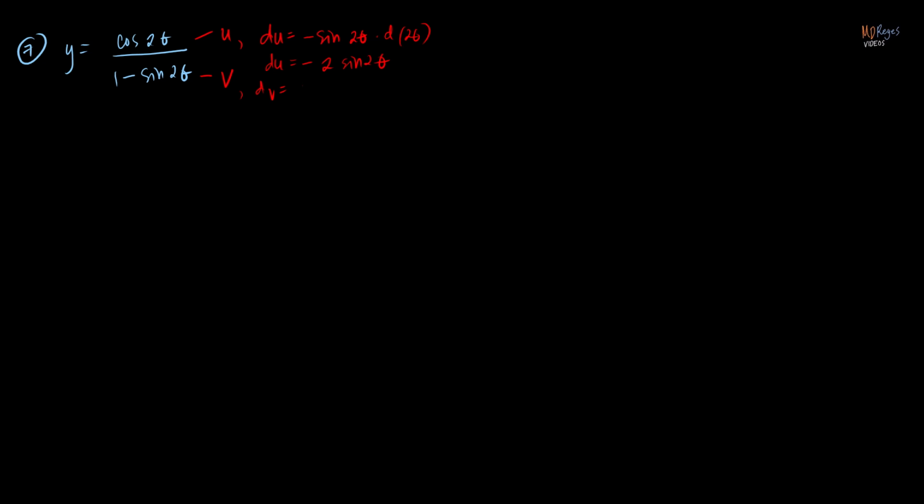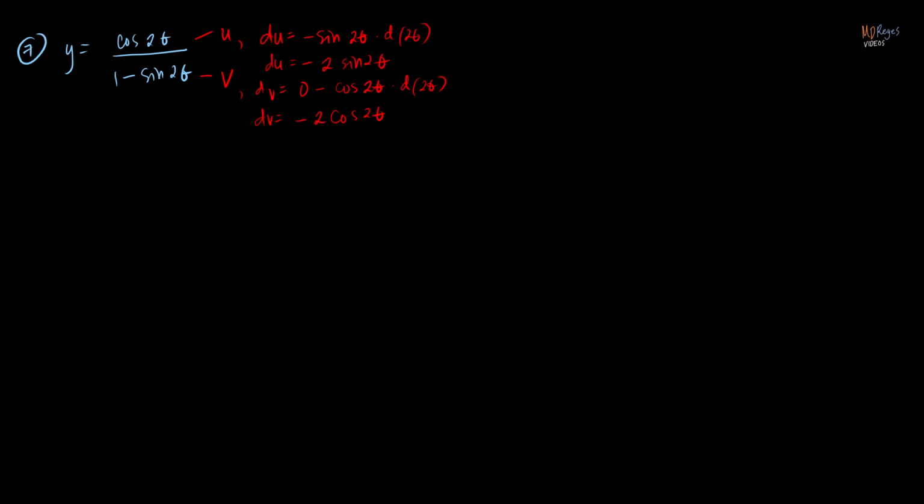So dv is the derivative of 1 minus sine 2 theta. The derivative of 1 is 0 minus the derivative of sine 2 theta. That's cosine 2 theta times the derivative of the angle, 2 theta. So dv is equal to negative 2 cosine 2 theta, since the derivative of 2 theta with respect to theta is 2.